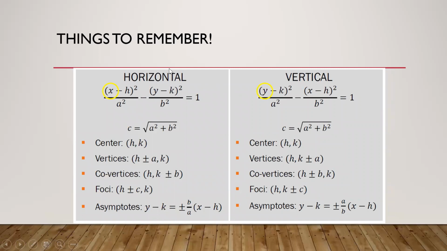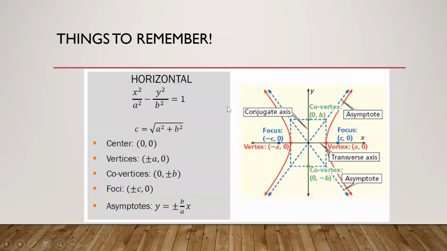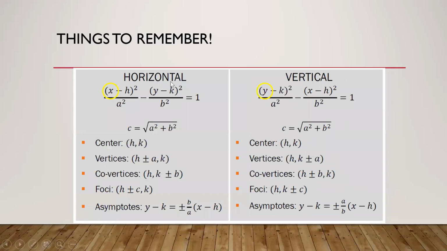So when our center is not on the origin, unlike earlier, to find our asymptotes, we use this equation right here. That's y minus k equals plus or minus b over a, parenthesis x minus h, if x comes first.